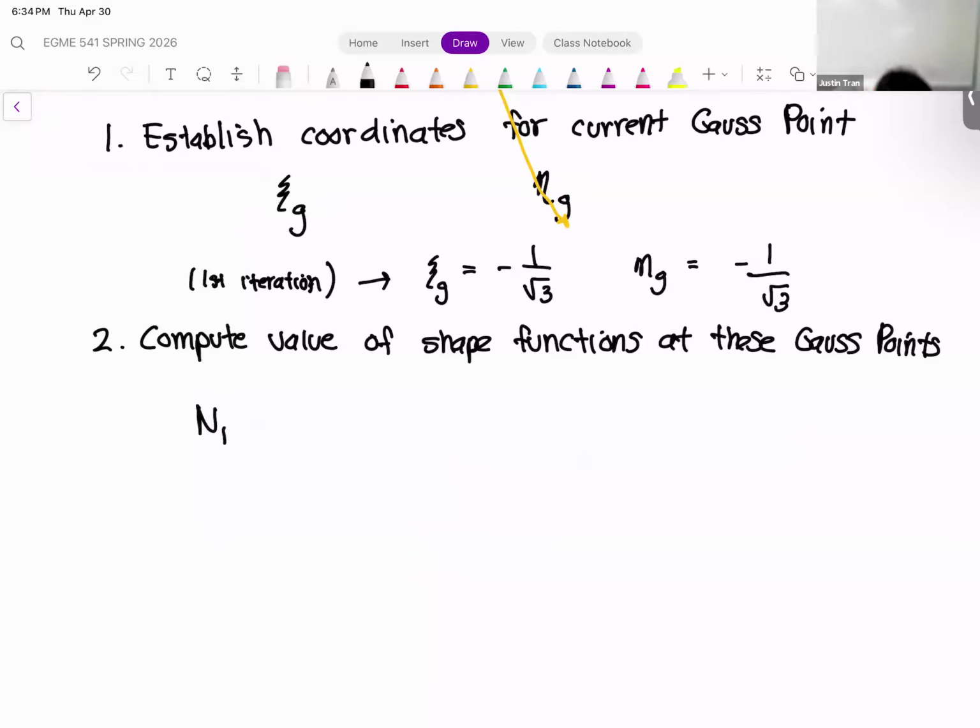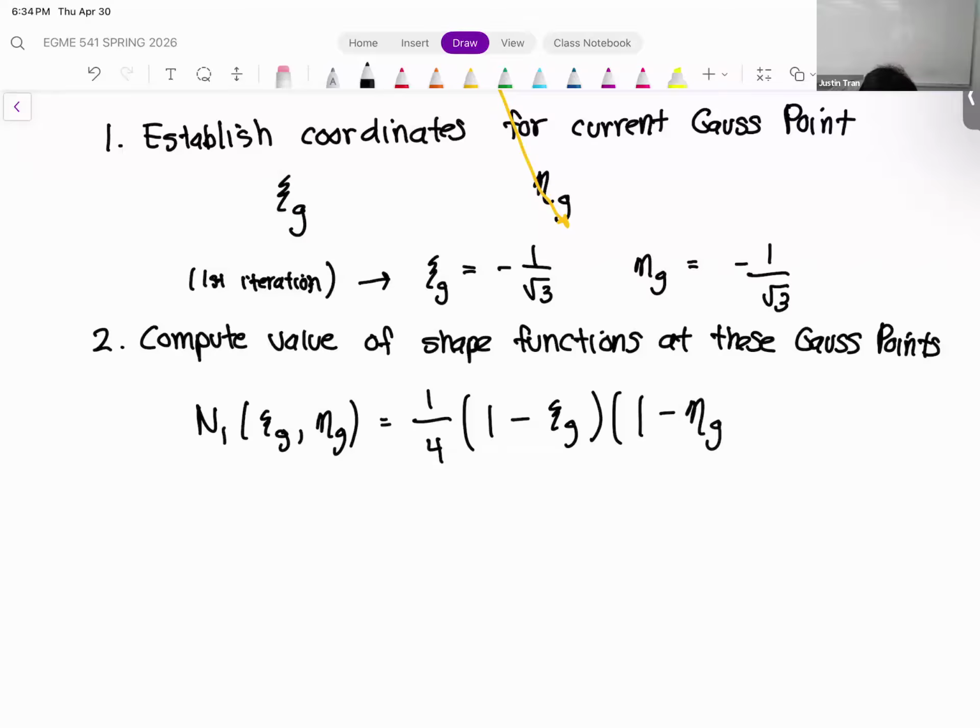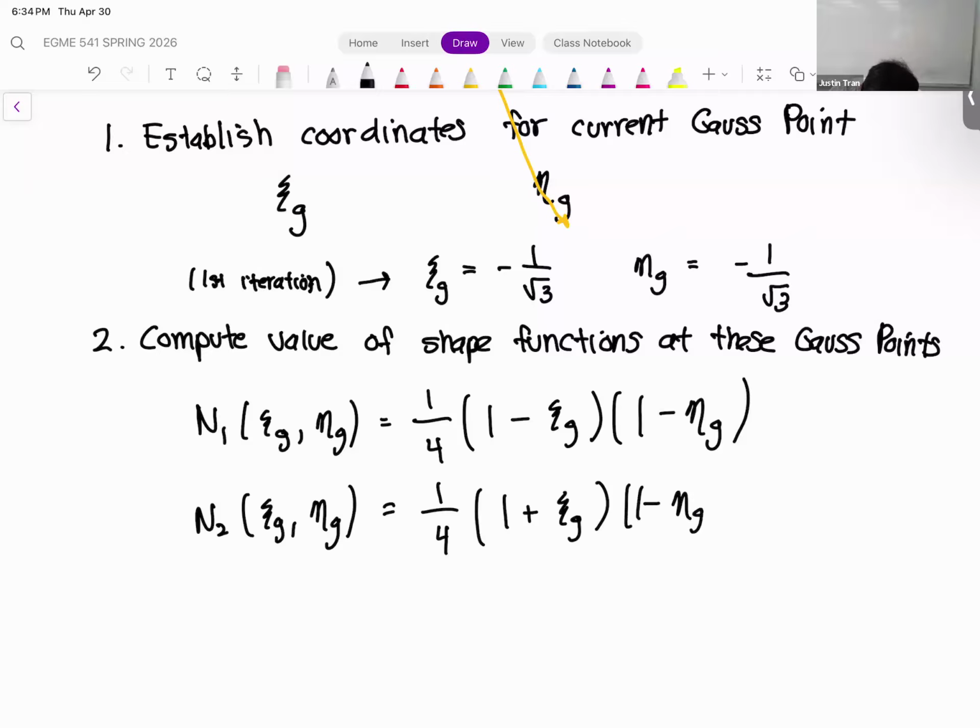For N1, we have our formula, which we went over earlier. We're going to plug in epsilon g and eta g. This is 1/4, (1 minus epsilon g) times (1 minus eta g). N2 of epsilon g, eta g is 1/4, (1 plus epsilon g), (1 minus eta g).